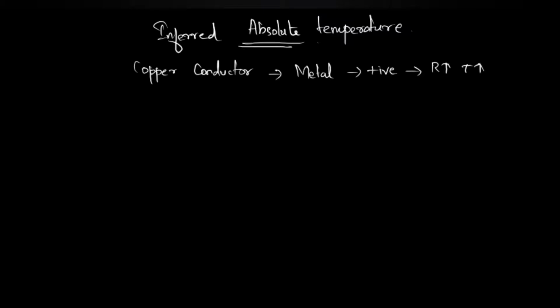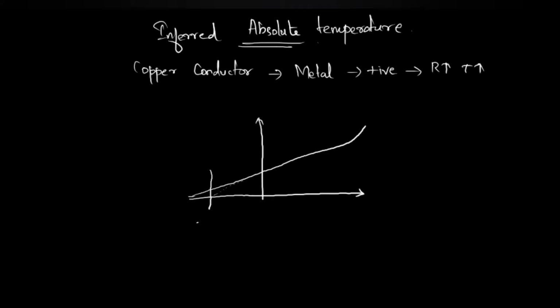Now if we are plotting this resistance versus temperature curve, then the curve will be an almost straight line like this. Extending this curve with a straight line, this intersects the axis at a temperature. This temperature is called the inferred absolute temperature, and the value of this temperature is minus 234.5 degrees.